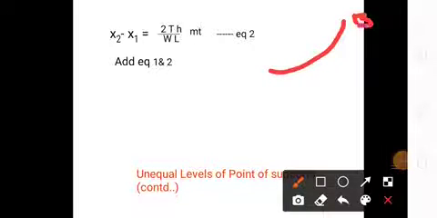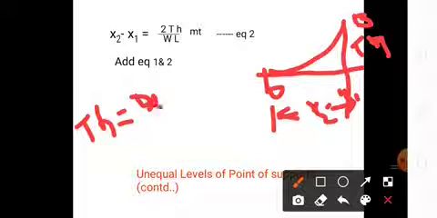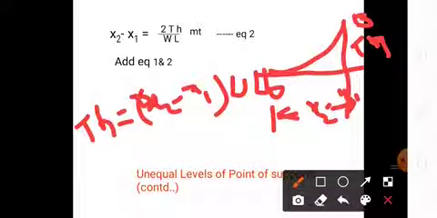Now here, from point O to B, the tension times the vertical component, T into H, is equal to the weight of the conductor over the distance x2 minus x1, that is x2 minus x1 into WL by 2. So T into H is equal to x2 minus x1 into WL by 2.